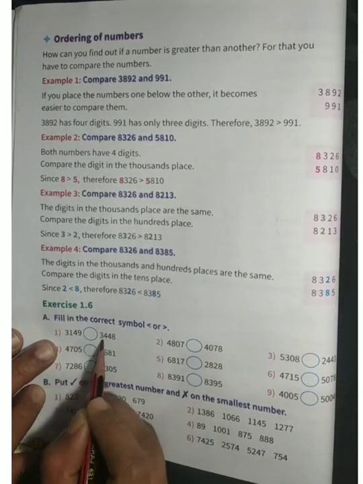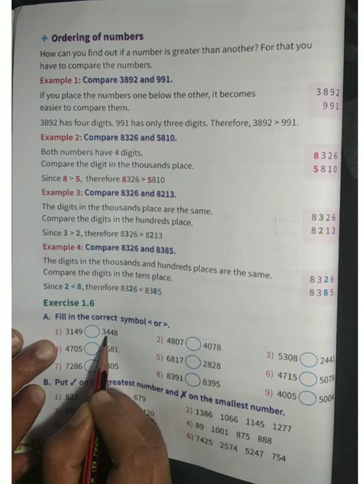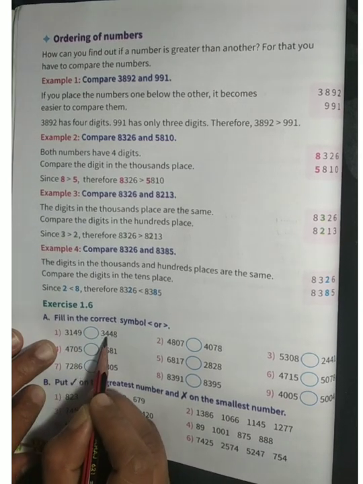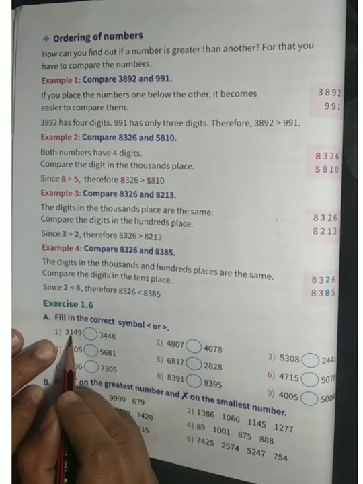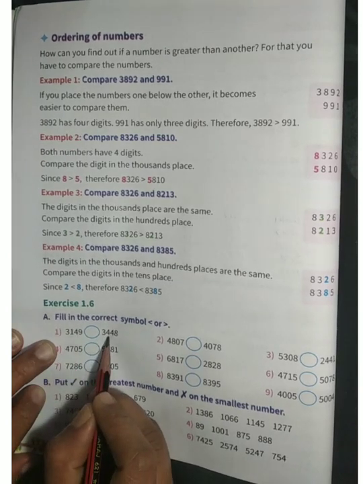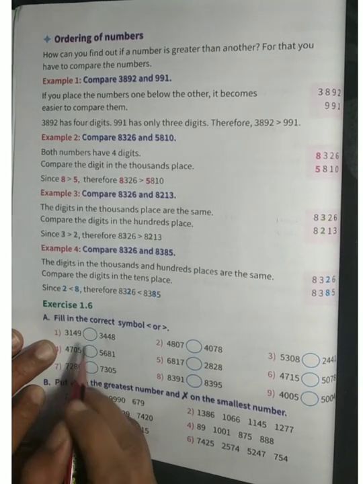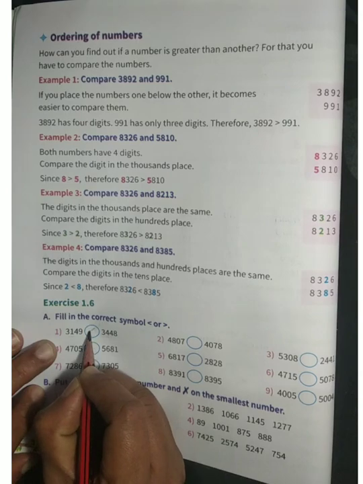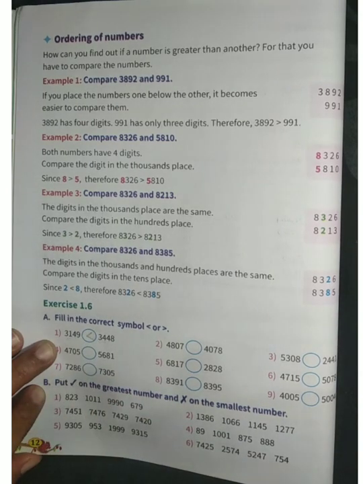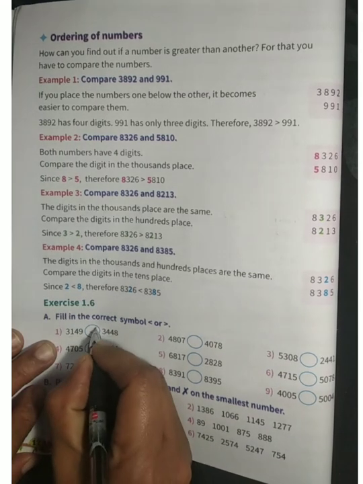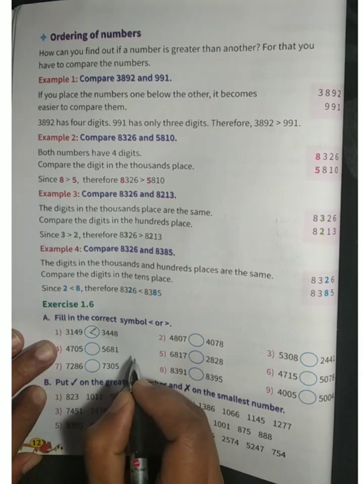Both have 3 in the thousands place. So we compare with the hundreds place. 1 is smaller than 4. So 3149 is smaller than 3448. So we write it as smaller than.